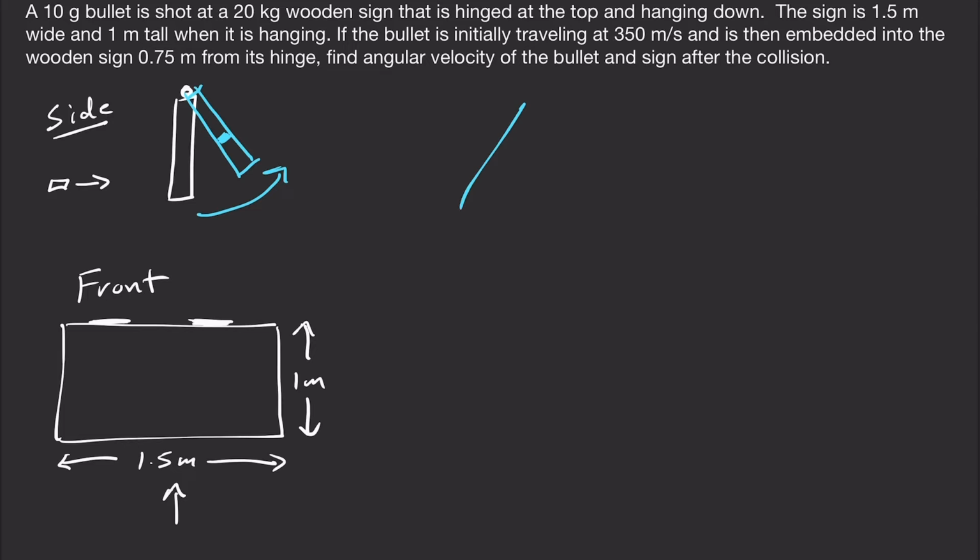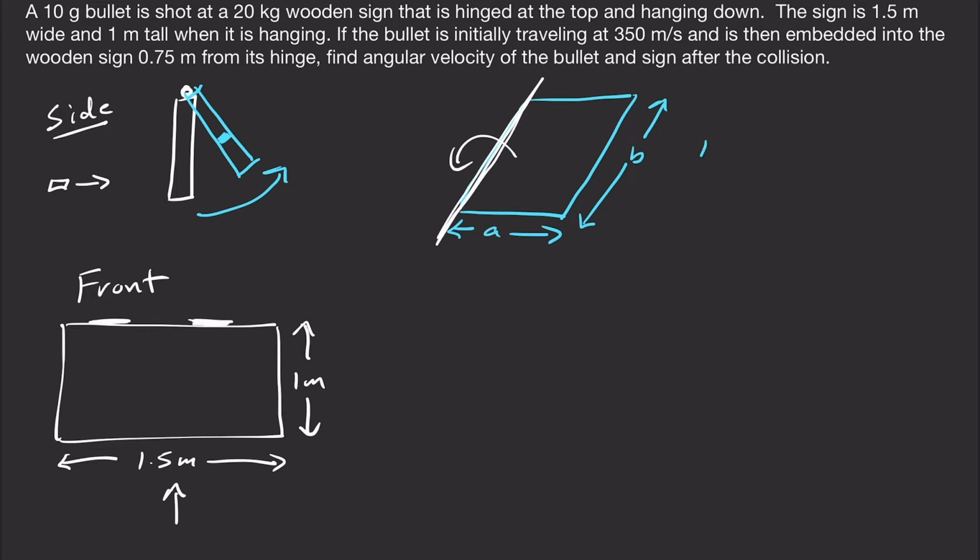So if I draw sort of a rectangular plate with a width A and a length B, and it's rotating about an axis along its side, like the sign is, it's going to rotate like this, then the moment of inertia for a plate about this axis is going to be 1/3 its mass times A squared, where A is the dimension that is perpendicular to the axis of rotation. So now that we have this, we can use conservation of angular momentum, LF equals LI.